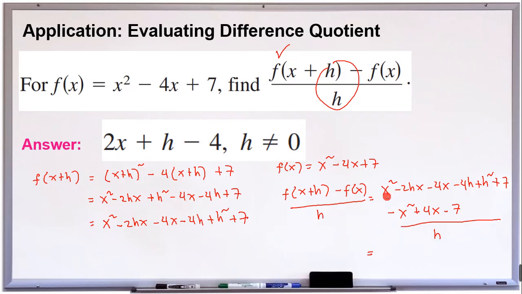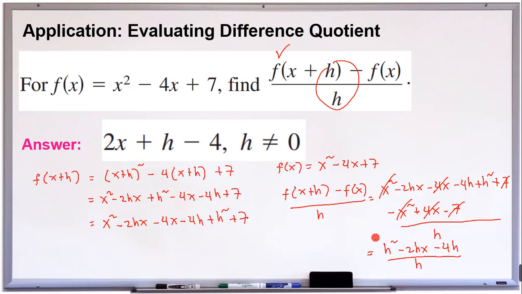Now we have x squared minus x squared, so this one will become 0. Next, negative 4x plus 4x, this will be 0. And then we have 7 minus 7, this will become 0. So what's left is h squared, then minus 2hx, then minus 4h all over h.